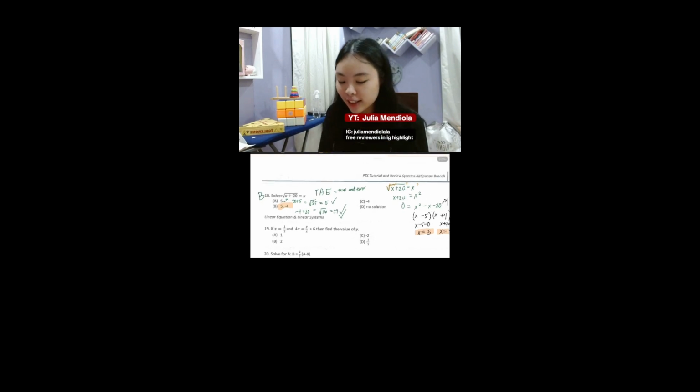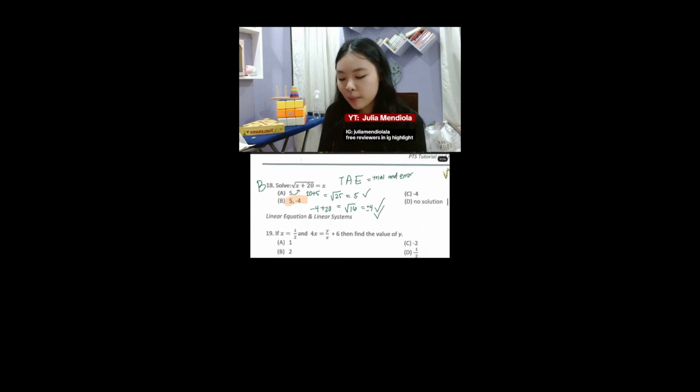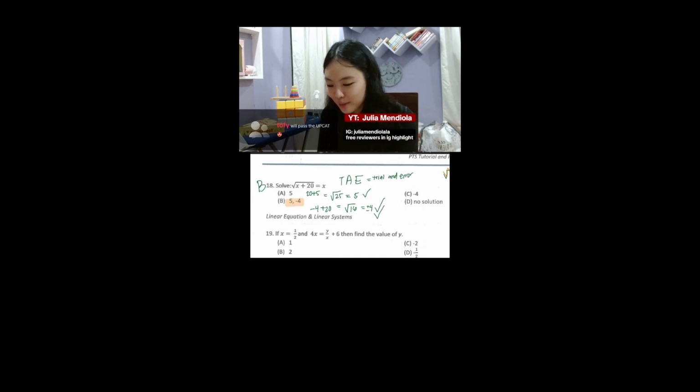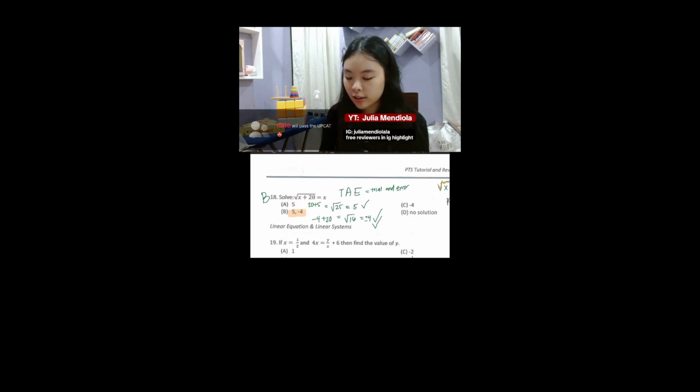Ito ang shortcut, guys. Syempre mahaba yung ginawa natin. Ang shortcut ay, ipapasok mo lang yung number. Tinry lang natin. Okay, so ang ginawa natin, dahil ang given ay 5 and negative 4 or no solution, try mo lang both.